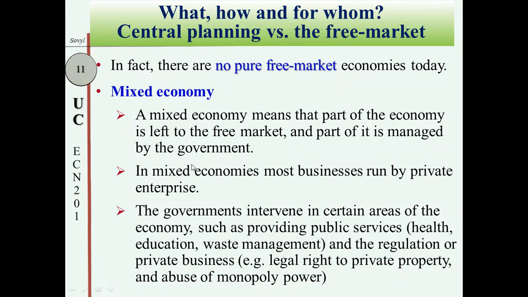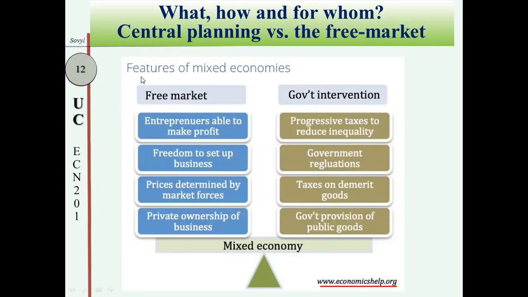Okay, this is a mixed economy. Most businesses are run by private companies, but the government still runs a few businesses. For example, public school, public education, waste management, or maybe public transportation, or electricity, water. Okay, these are features of a mixed economy.